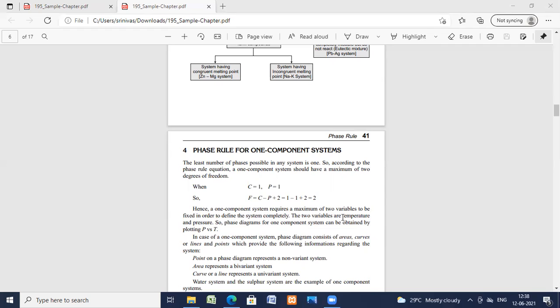The 2 variables are temperature and pressure, so the phase diagram for a one component system can be obtained by plotting pressure versus temperature.